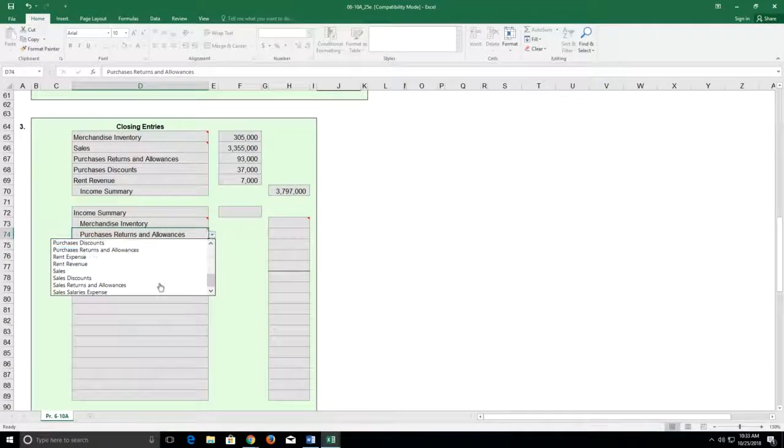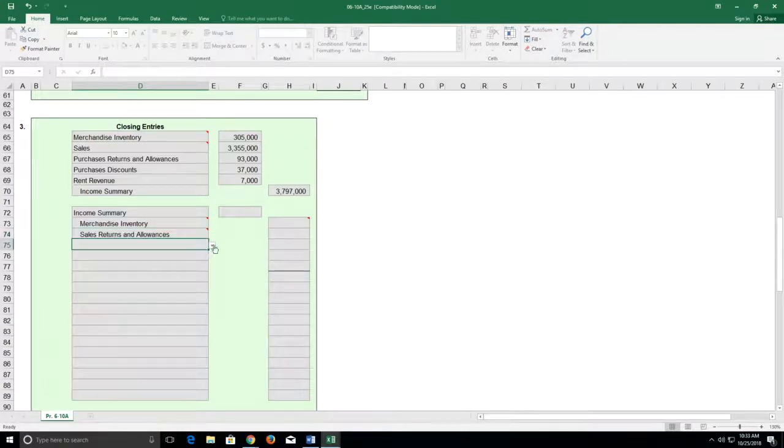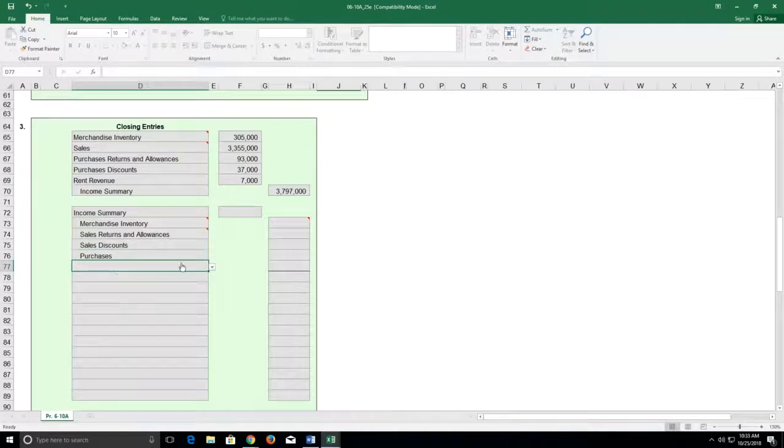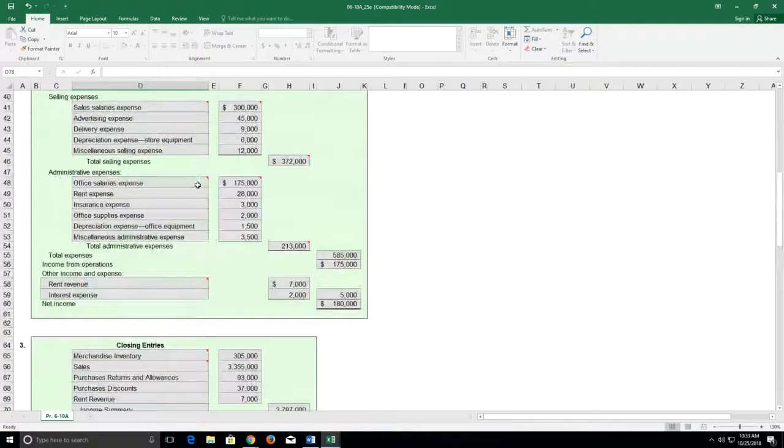Sales return allowance, sales discounts. Then after our sales discount, we're going to have our purchases. And then after our purchases, we're going to have our freight in. And after our freight in, we'll list our other expenses.